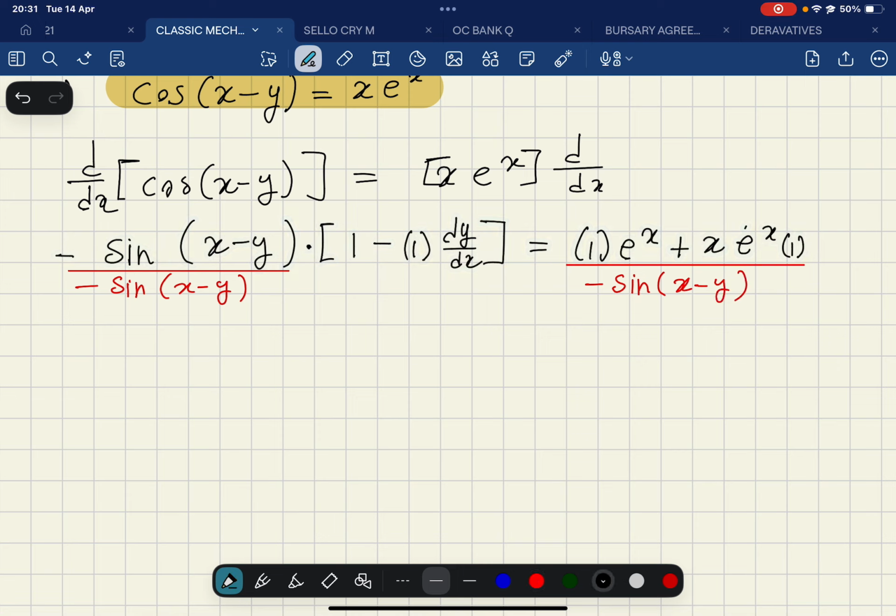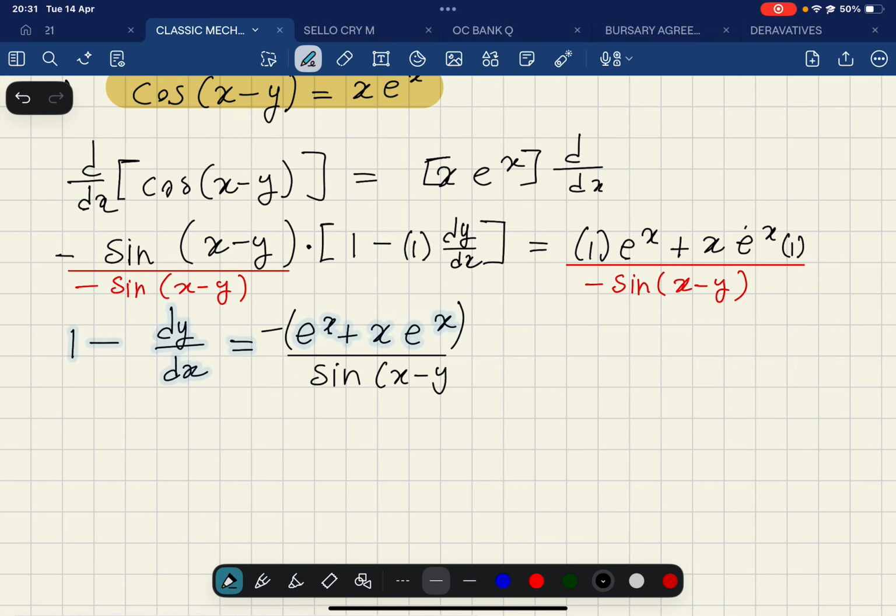Then from there, I will be left with 1 minus dy over dx, which is equal to, in the numerator, e to the x plus x e to the x, all divided by, I can put that negative here, then I am left with the sine of x minus y.